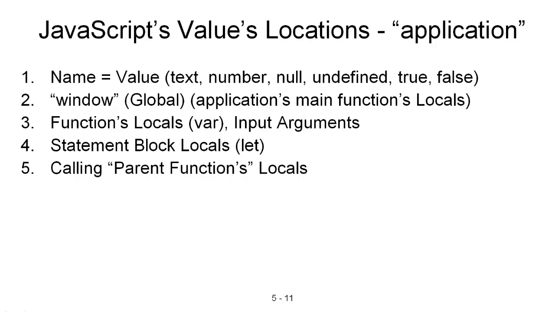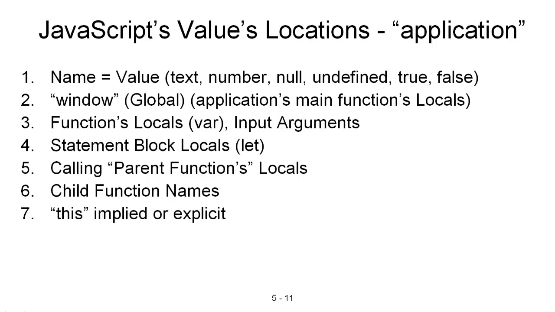So if A has a subroutine called B included in its description, then when A calls B, B has access to all of A's local values and its parents. And then we have child function names. So when A knows that B is a child, A knows where B is. No, anything outside of A does not know where B is.